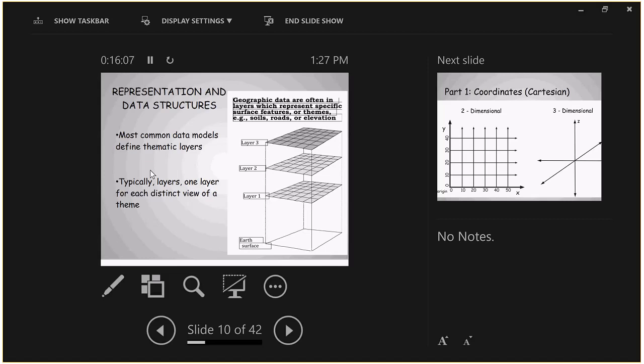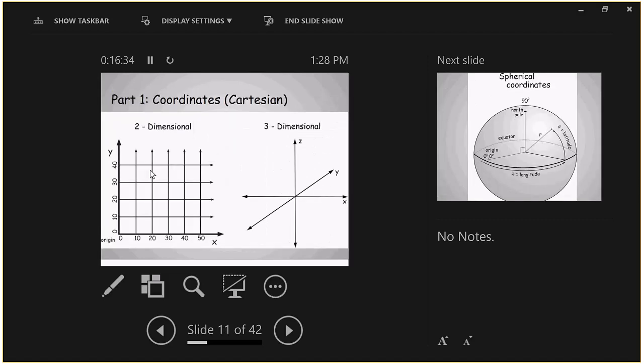So when we represent a specific thematic element of the real world, we have to choose which data model we're going to use, and further, we have to choose whether we're going to represent that entity as points, lines, or polygons. And that has implications as to how precise and what we can do with our data later on.